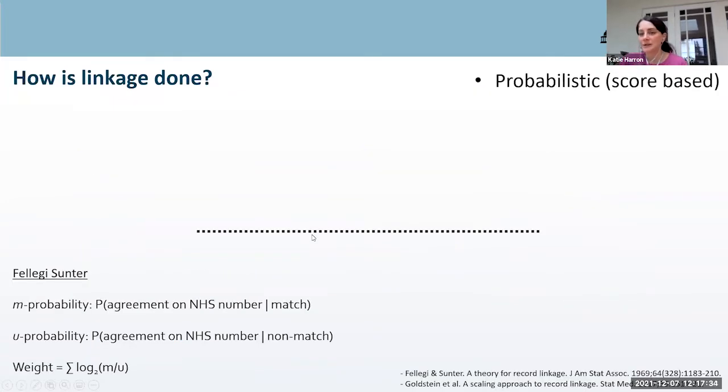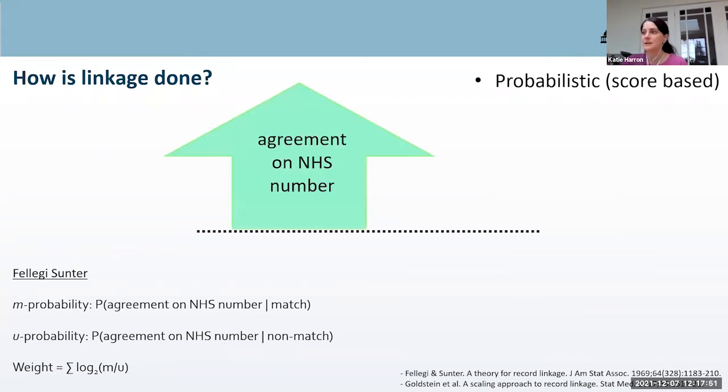So to address some of these issues, probabilistic linkage was proposed, which generates a match rate or a score to represent the likelihood that two records belong to the same individual, given the agreement of identifiers on those two records or any disagreement.